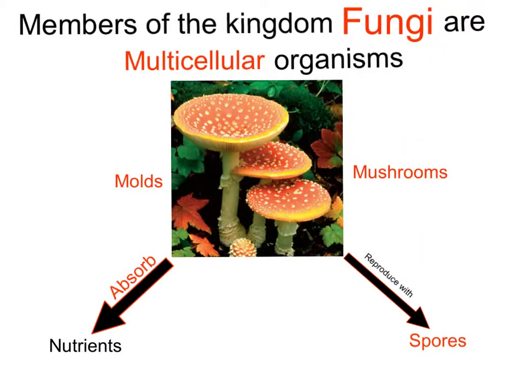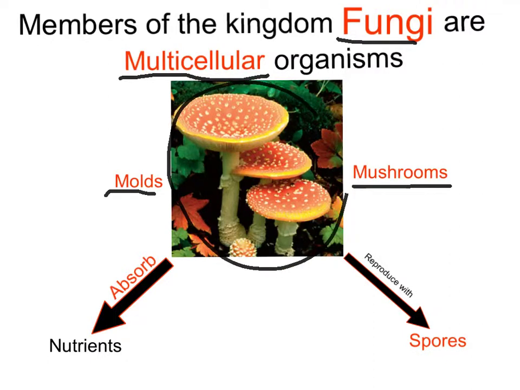The second eukaryotic kingdom that we'll talk about is called fungi. Members of kingdom fungi are multicellular organisms. Molds and mushrooms, such as this wild mushroom, are examples of fungi.